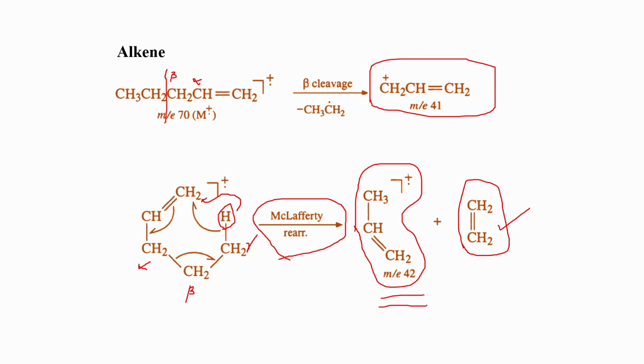A gamma hydrogen is abstracted by an unsaturated carbon atom, and bond rearrangement takes place in such a way that a beta cleavage forms a neutral molecule, usually an alkene, along with the radical cation, which is the McLafferty rearrangement ion. In the case of 1-pentene, we get the McLafferty rearranged ion with m/e value 42 and the neutral molecule ethylene.